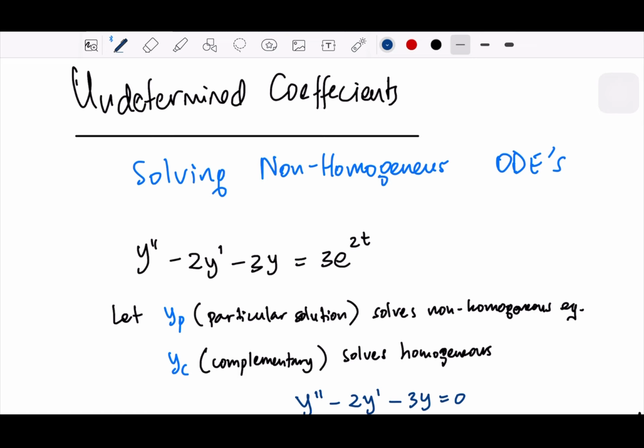The first thing we need to do is make the auxiliary equation, which represents this differential equation as a polynomial. The order becomes the polynomial degree, so if this is second order, we have a polynomial of degree 2.